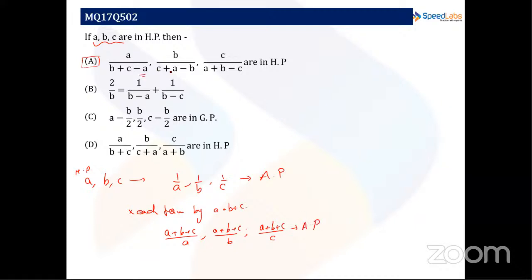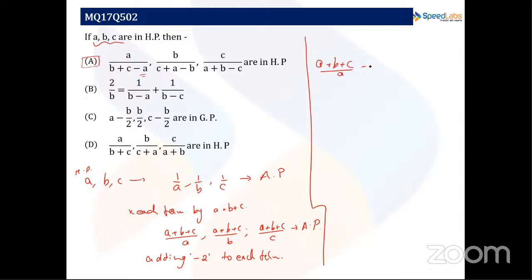Now, adding minus 1 to each term, that is minus 2 in total, we get (A plus B plus C) upon A minus 2, (A plus B plus C) upon B minus 2, and (A plus B plus C) upon C minus 2.